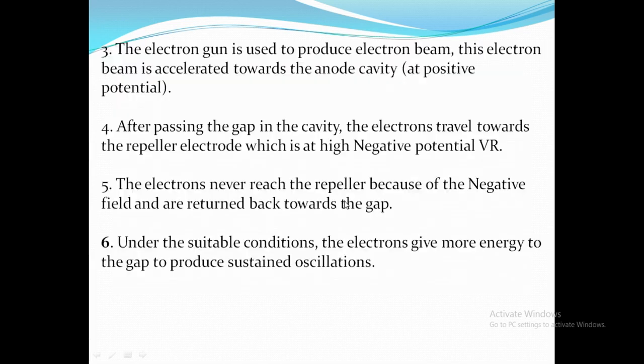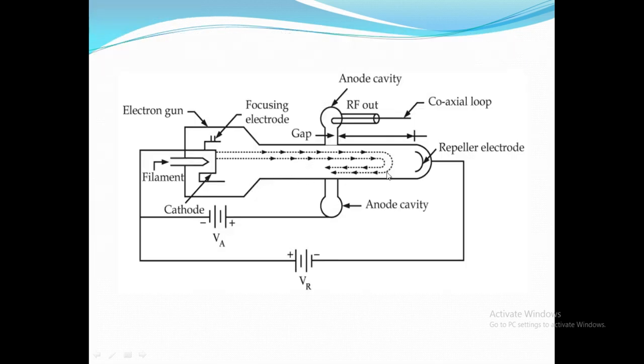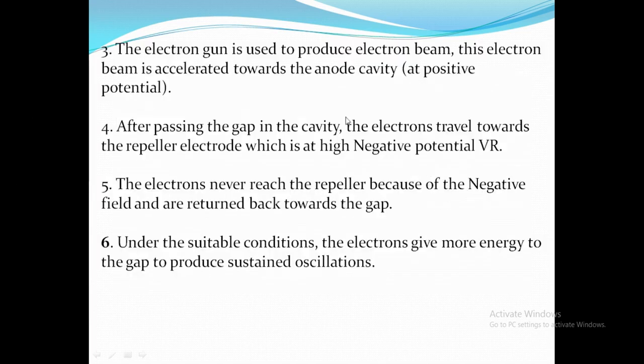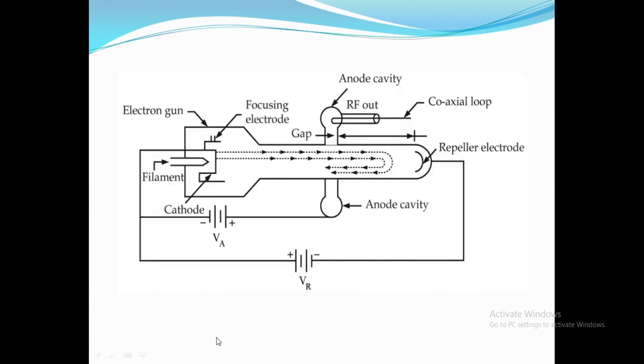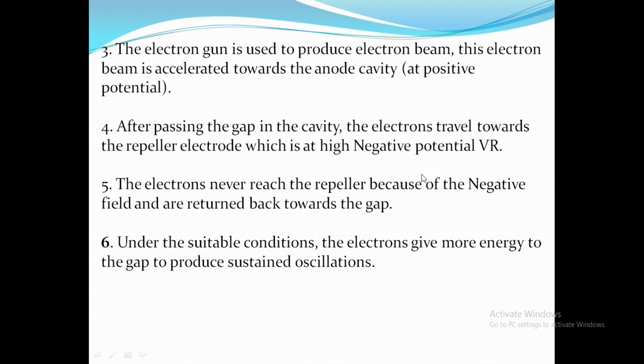After passing the gap into the cavity, the electrons travel towards the repeller electrode, which is at a high negative potential, but the electrons never reach the repeller because of this high negative potential field. They return back towards the gap.